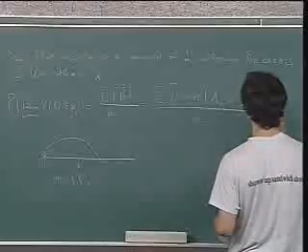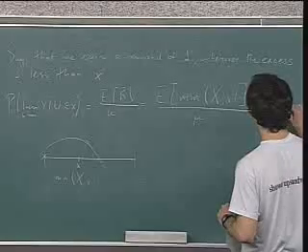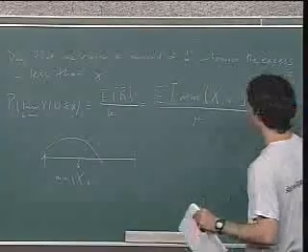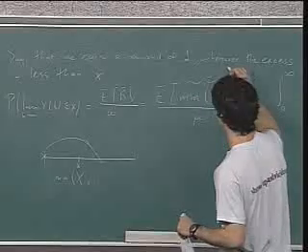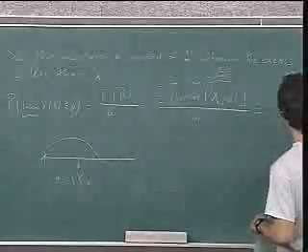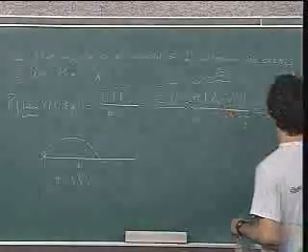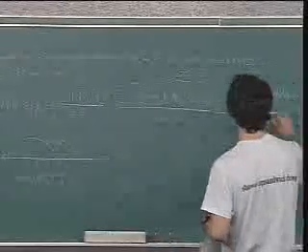So now we do the tail integral formula. If we say that this has distribution G, we know by the tail integral formula, because it's a non-negative random variable, we get something like this.